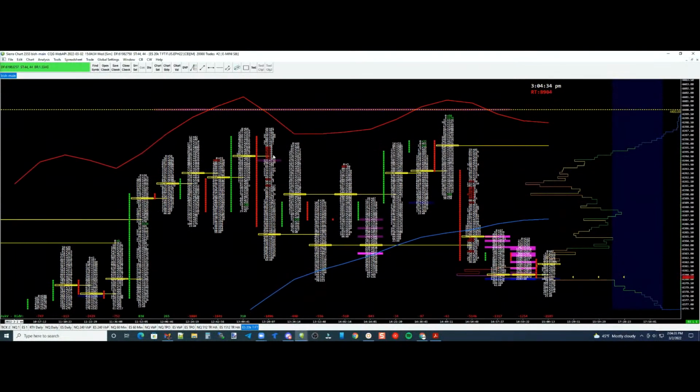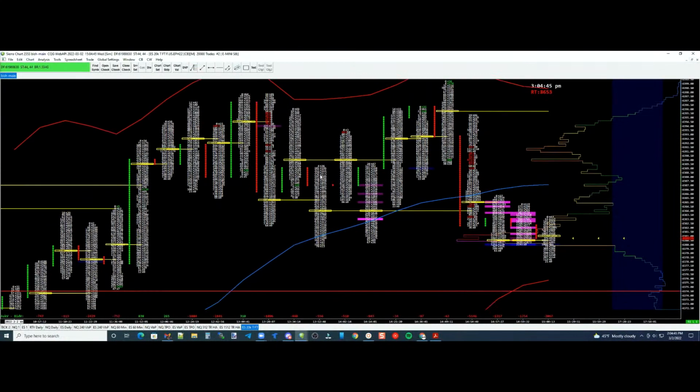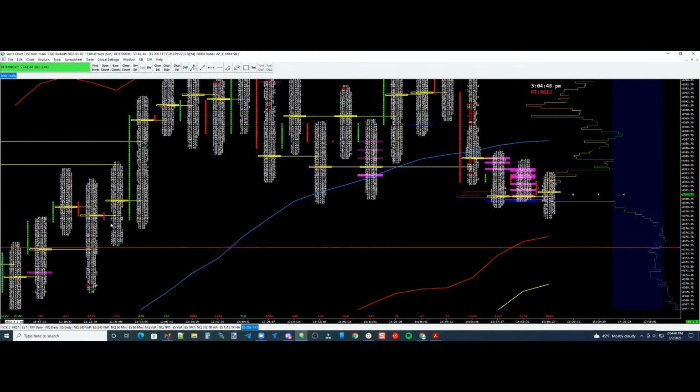Real quick, because I know we want to get to time and sales, what do Bollinger Bands do? First of all, I'm a math guy. Bollinger Bands are telling you, based upon 20 periods, and my periods are 20,000 trades, so what's 20 times 20?